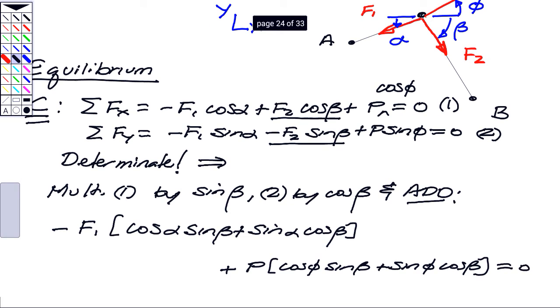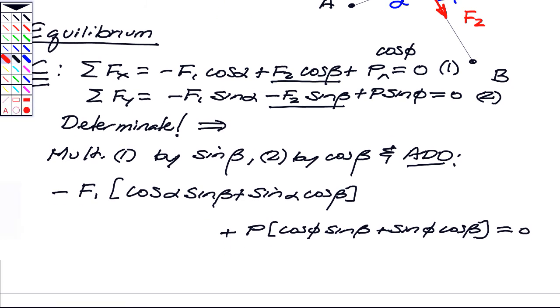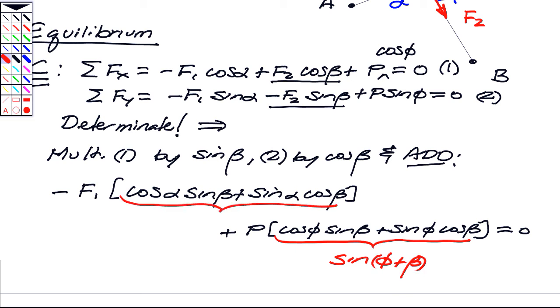And just so I don't have to write down a lot of these terms so many times here, I'm going to use a trig relationship that reduces that sum back to sine of phi plus beta, and use the same trig identity here, and this becomes sine of phi plus alpha.